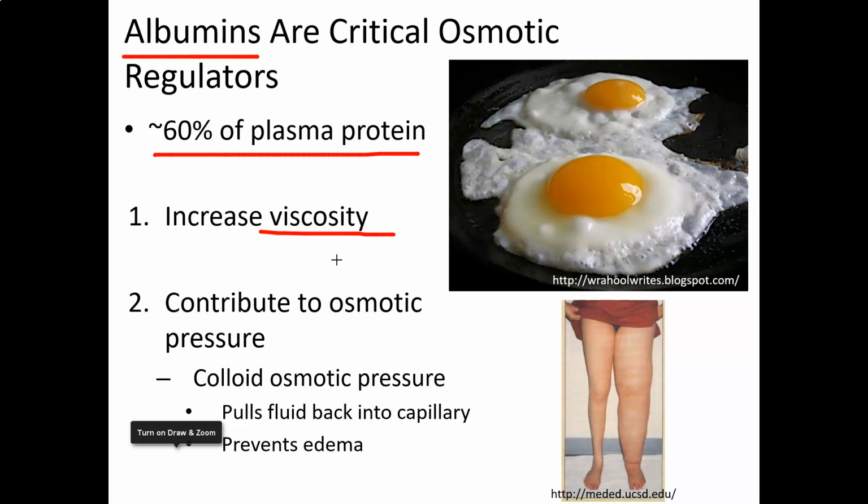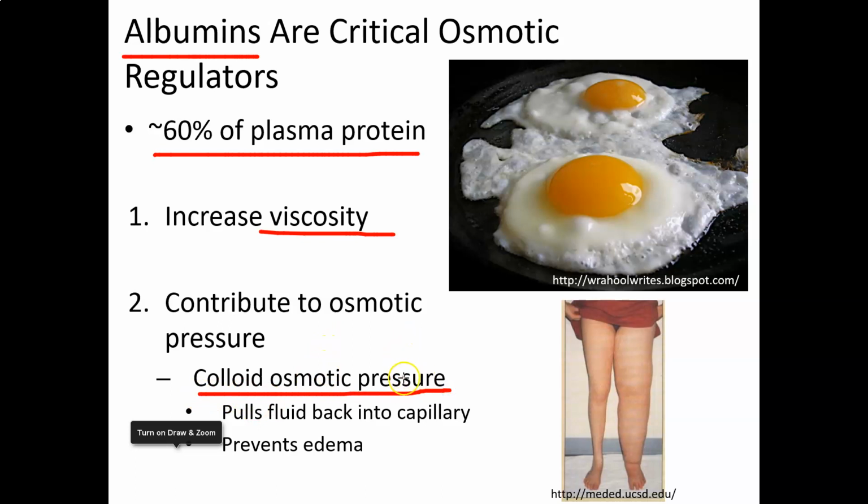The relative amount of water, the red blood cell number, as an example: if we have less water or more red blood cells, that'll also increase the viscosity. But the major osmotic regulator of blood is the albumins as well. So albumins increase viscosity, and they help to maintain what we call the colloid osmotic pressure.